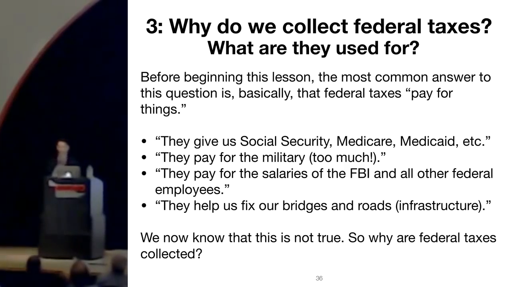And the answer that they almost always give me is that they pay for things. They give us Social Security and Medicare and Medicaid. They pay for the military. They pay too much for the military. They pay for federal employees' salaries, FBI and Social Security employees and the politicians and the president. They help us fix our bridges and give us infrastructure and fix our roads.